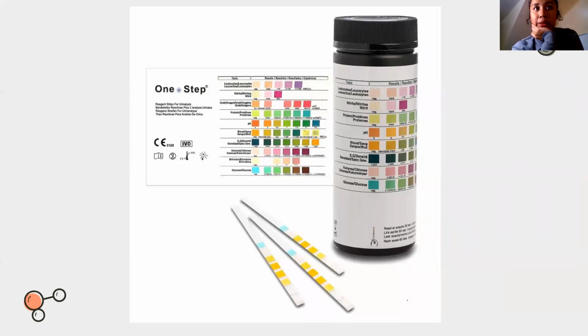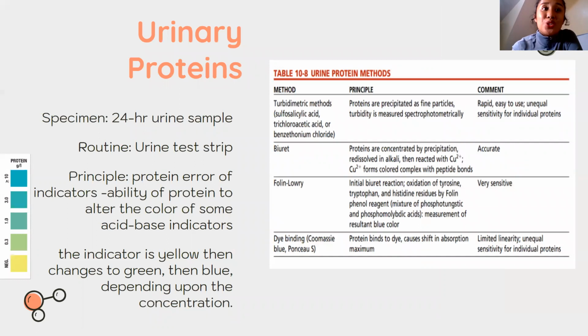You can also know glucose, pH, and ketones from urine. The principle of protein in the urine stick is protein error of indicators, the indicator I mentioned being bromthymol blue. When there is no protein, it is usually yellow. If there are high levels of protein, it would be blue. If few to moderate levels of protein, green.